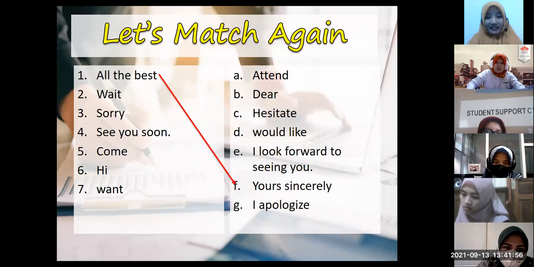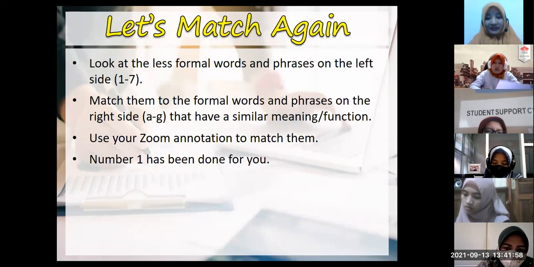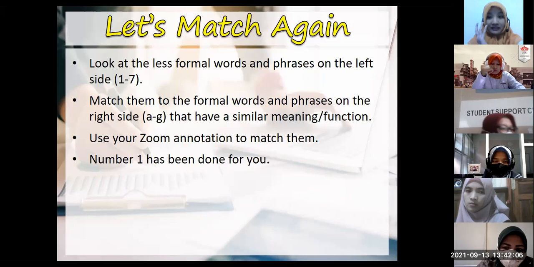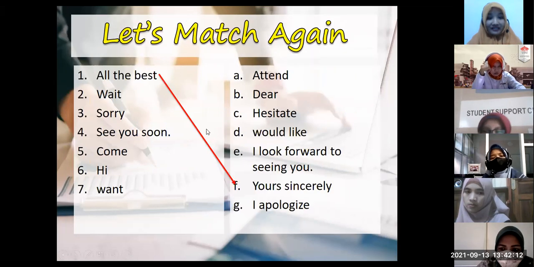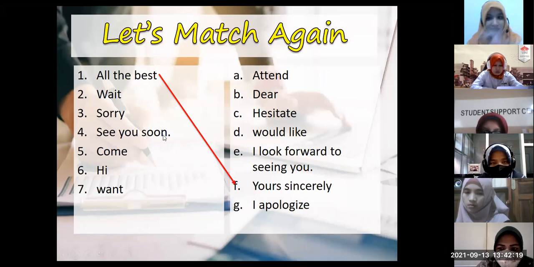Try to match the left side, the less formal language or words or phrases, with the right side with a similar meaning or function. And you can use your Zoom annotation there to match using the arrow there. So the first one has been done for you.